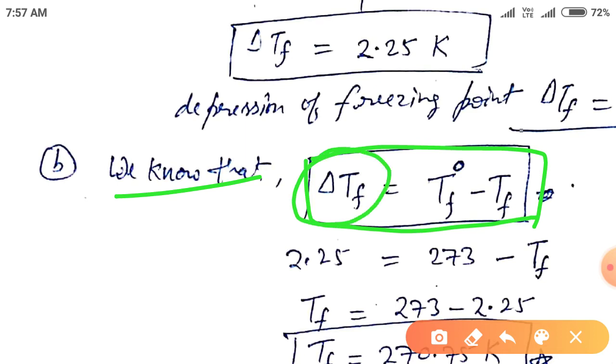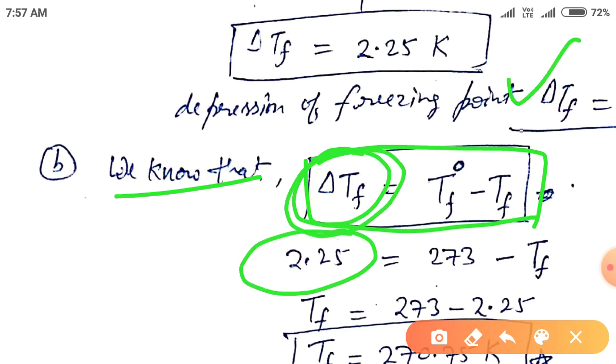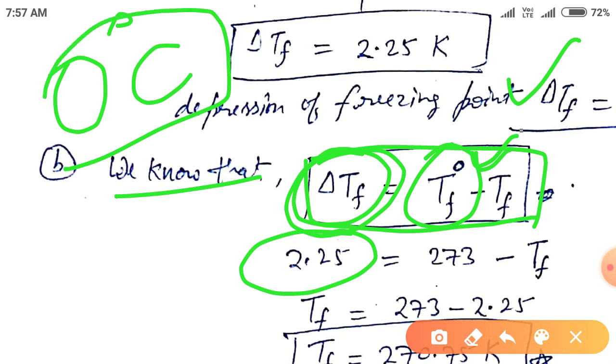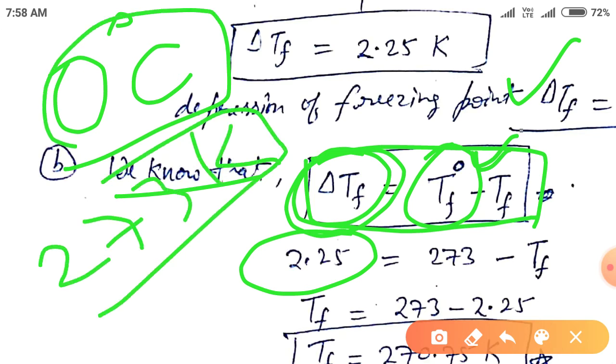Here the value of delta TF is 2.25 from the first part, and T naught F is the freezing point of pure solvent. Here the pure solvent is water, and we already know the freezing point of pure water is 0 degree Celsius, or 273 Kelvin.